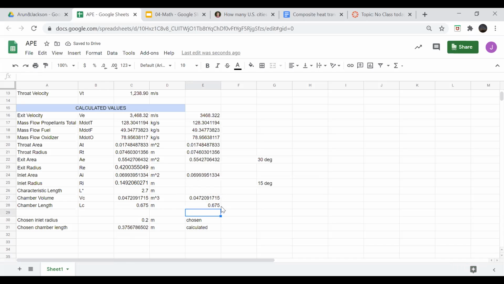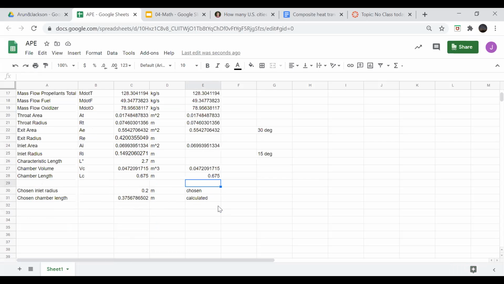So that's 675 millimeters, which is what, 67 centimeters? About two feet, I think. Yeah, roughly. I see. Yeah, we didn't use the inlet radius here.